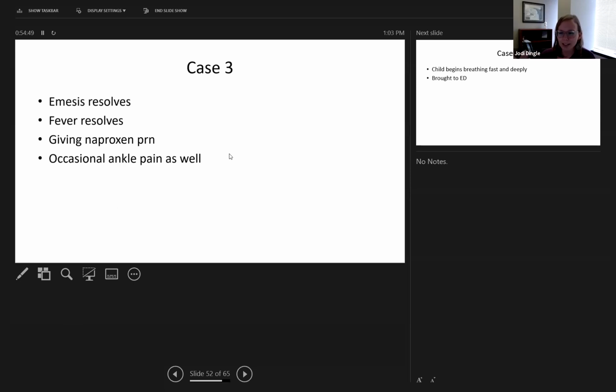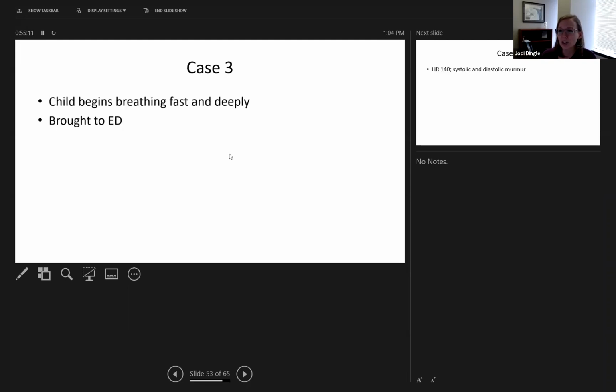So she's definitely got some infectious symptoms, right? Fever, emesis. It's responsive to naproxen. And I'm a little bit worried that the fact that she's moving from joint to joint and having ankle pain makes me worry this might actually be migratory arthritis.